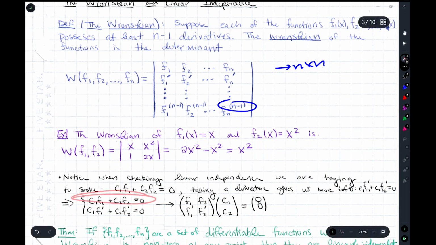Before you were looking at the function, and now you're looking at how it changes. So there's more information. We take this derivative of the first equation to get that additional piece of information, and now maybe we have enough information to solve for C1 and C2.